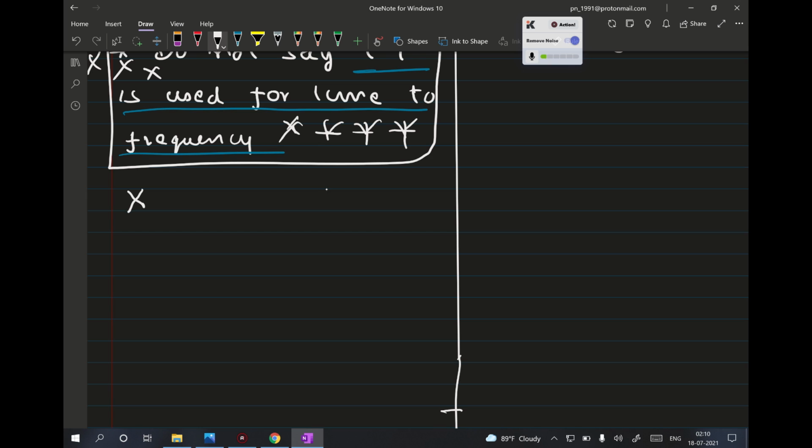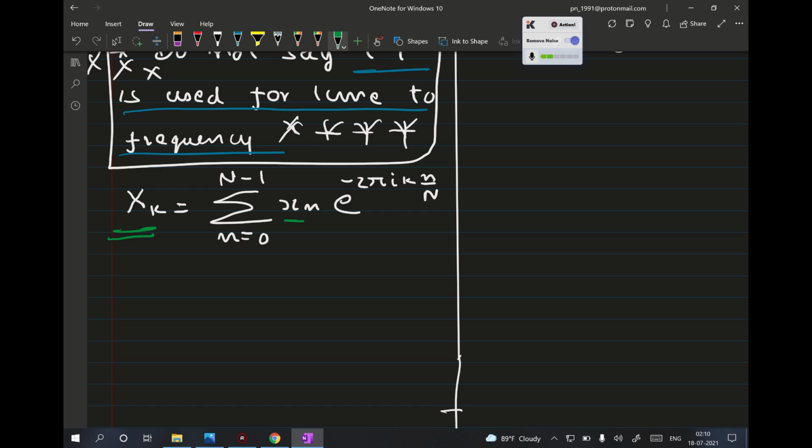So based on Wikipedia, this is what I got. Let's segregate it into three parts. This is 1, this is 2, this is 3. There are 3 terms.